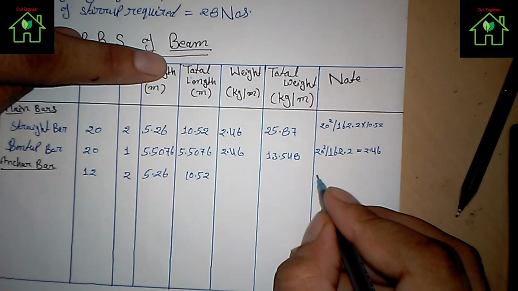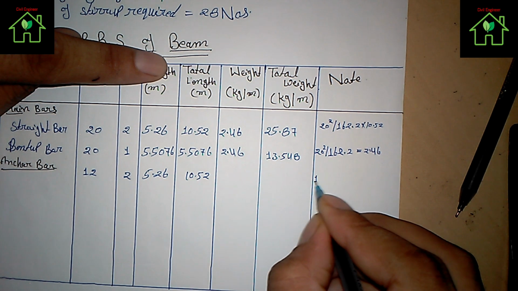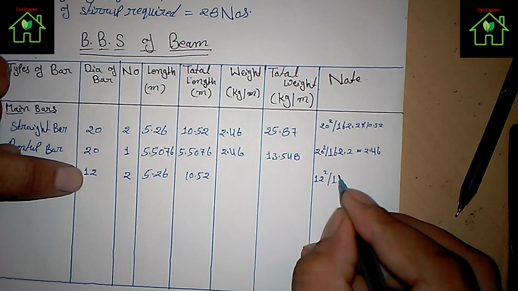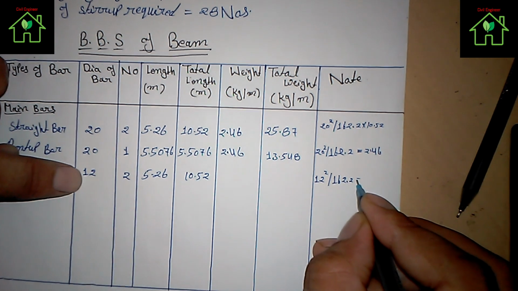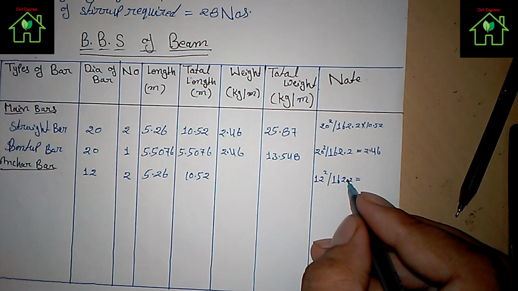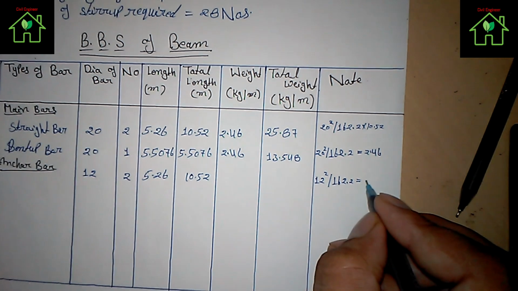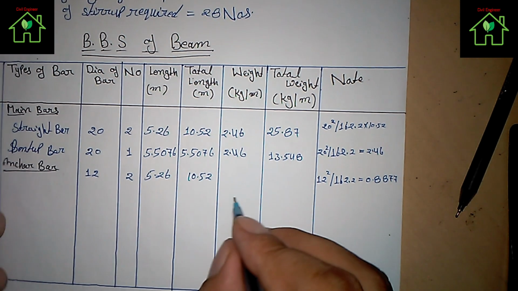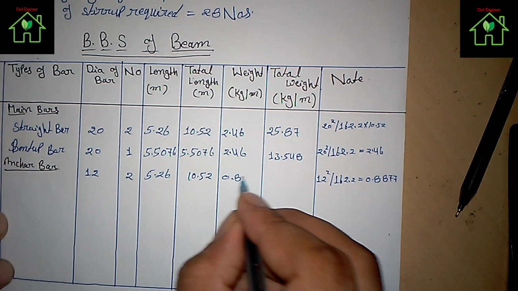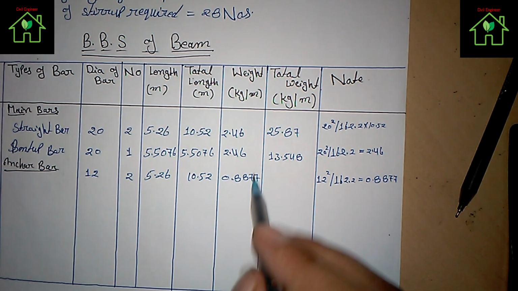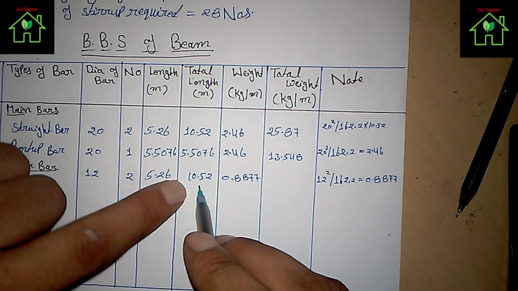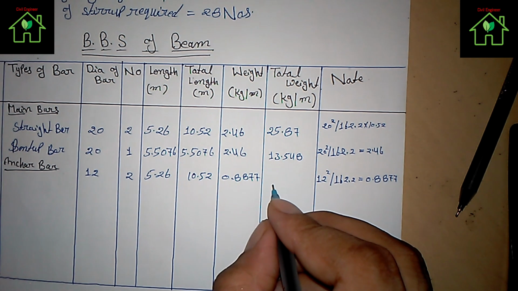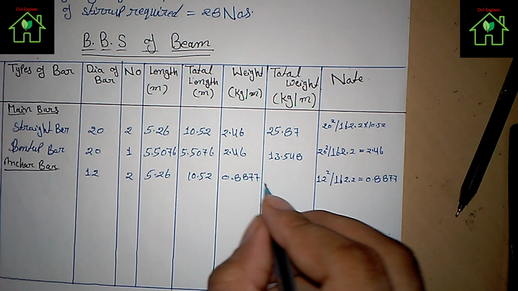After that, we will calculate the weight: 12 square upon 162.2. What do we get? 0.8877, the weight of anchor bar. After multiplying this value by 10.52, we get 9.338.